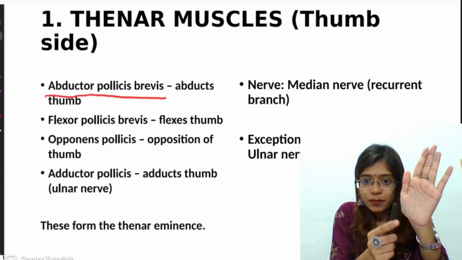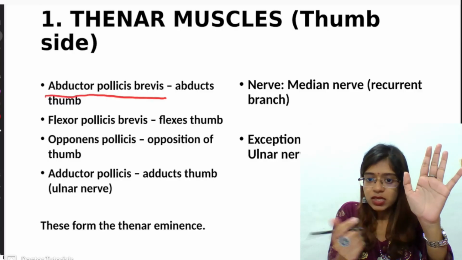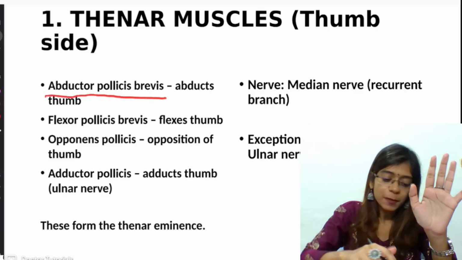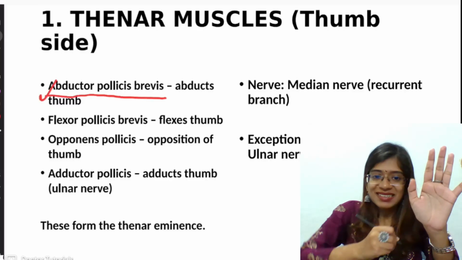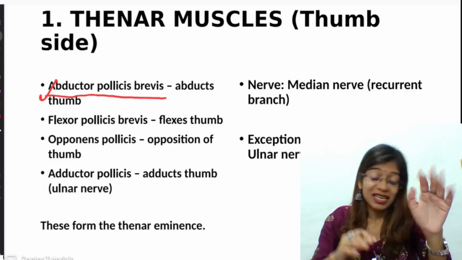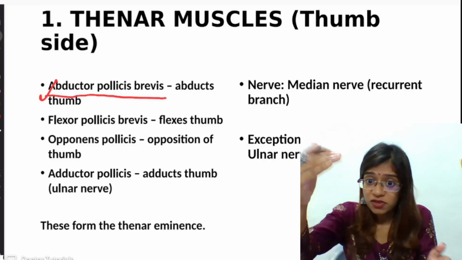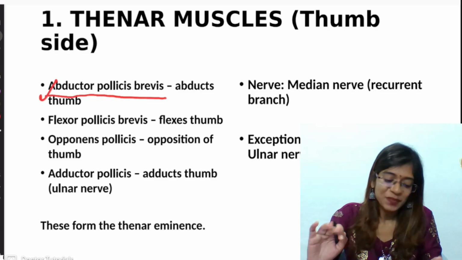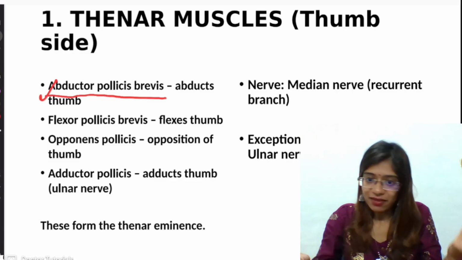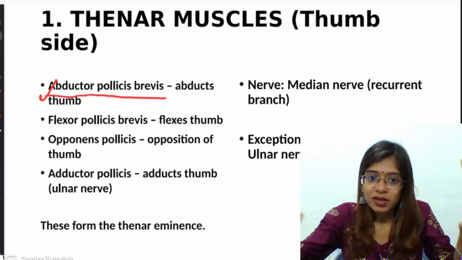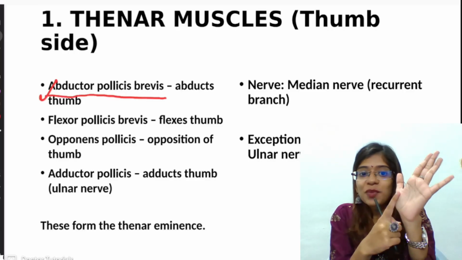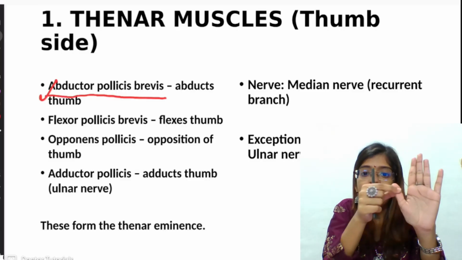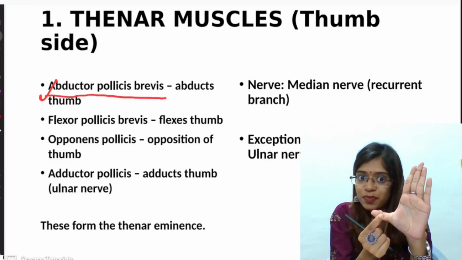Now we'll come back to the thenar muscles. The muscles in the thenar group are not in any order. The first muscle is abductor pollicis brevis, but first, second, third is not an order. You can say it in any way. I have written abductor pollicis brevis first. It helps in abduction of the thumb.